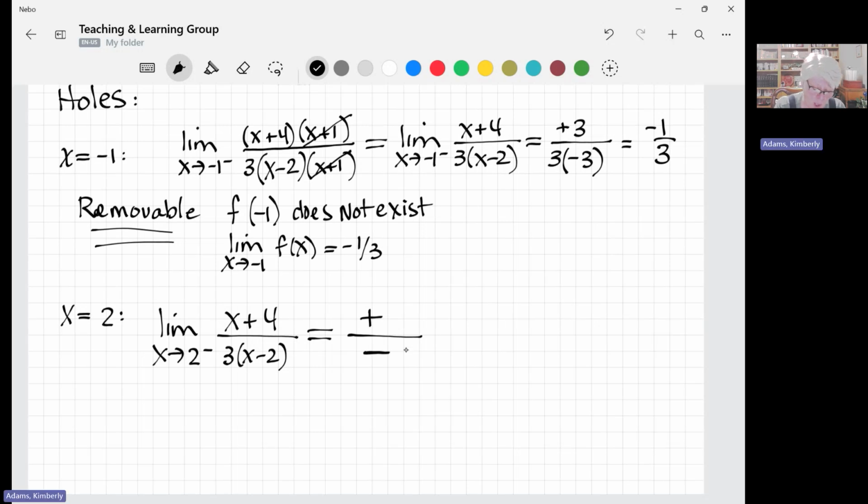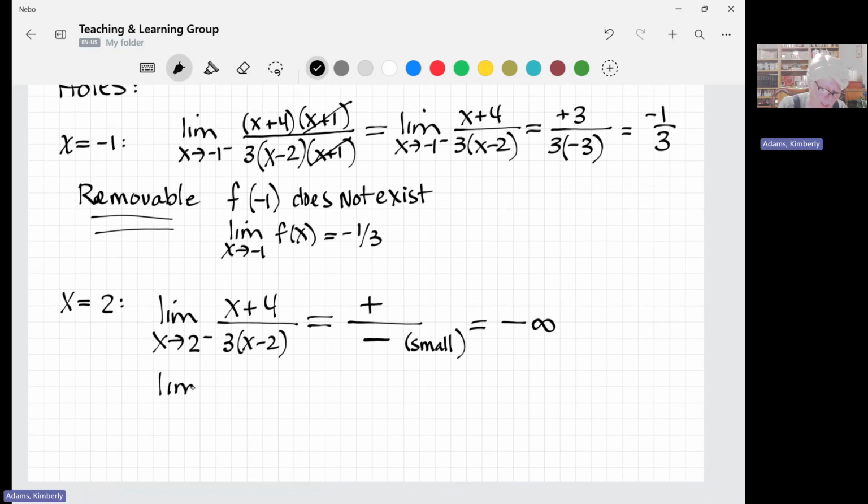And when you take any number and divide it by something very, very small, you get something very, very large. Plus over minus is going to give me -infinity. This means as I get close to 2 on the left-hand side of it, I'm going to get close to -infinity.